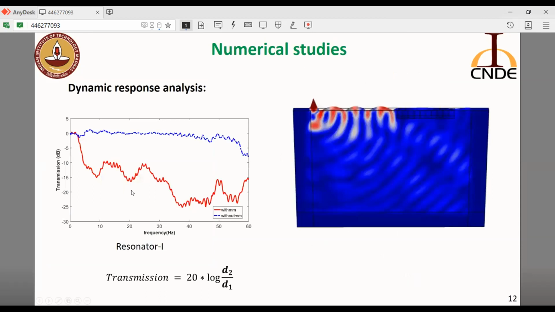So this is a transmission plot, where we can see in the simulation result that the wave is not passing through the seismic metamaterial, and some waves are also going inside the substrate.